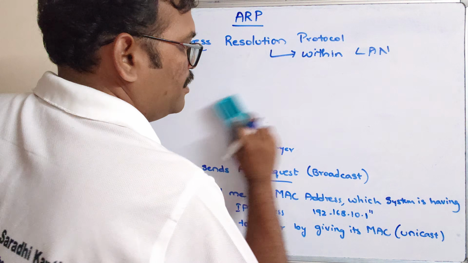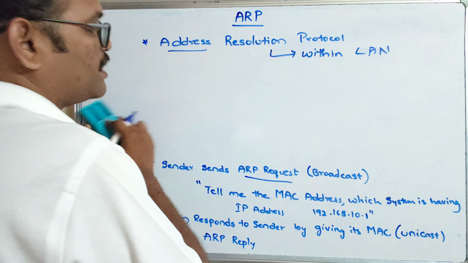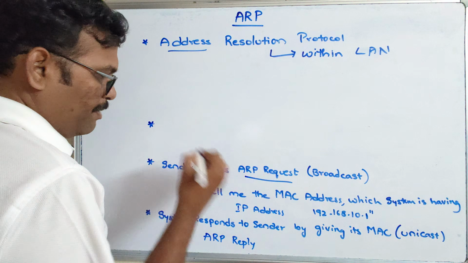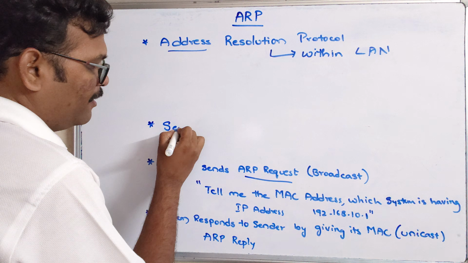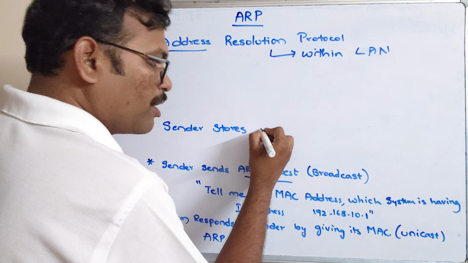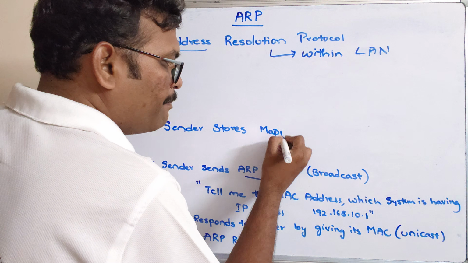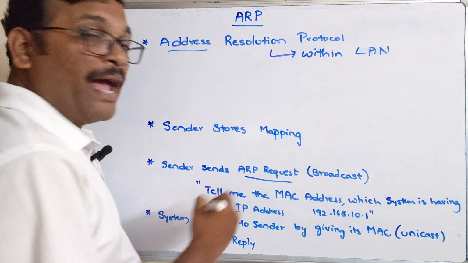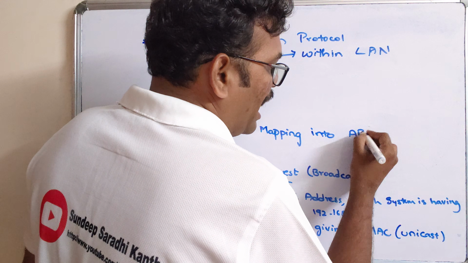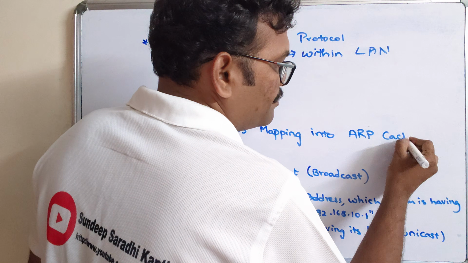One. So once the MAC address was there, immediately the sender stores the mapping. So here mapping means IP address to MAC address mapping into the ARP cache.